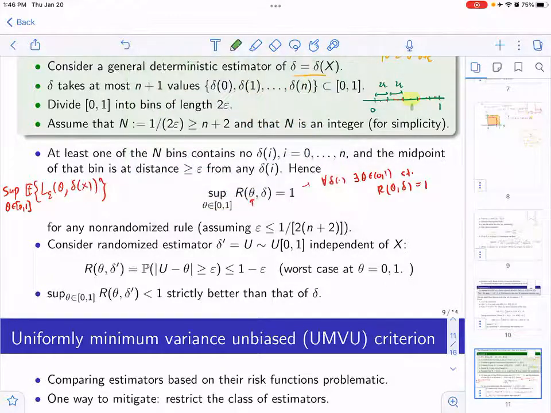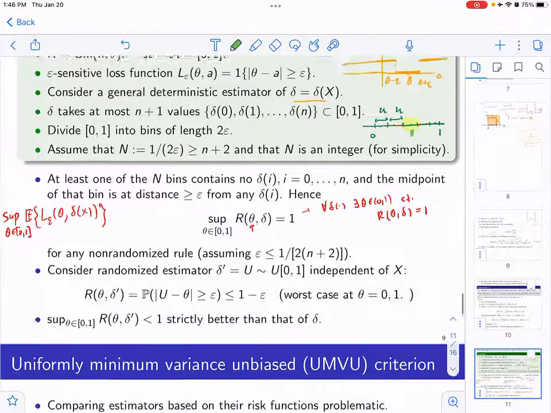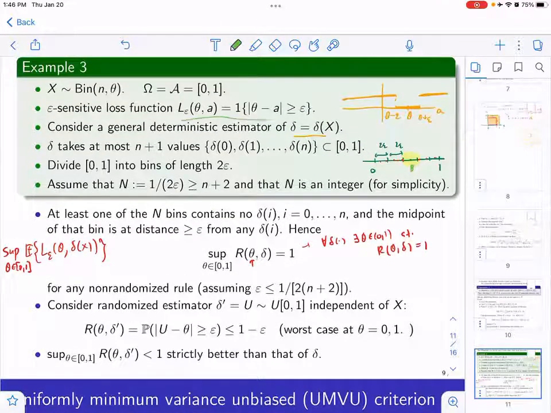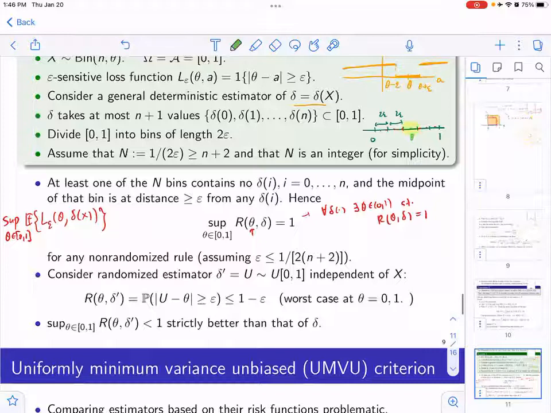So that's my theta here. I'm going to pick that, assume that the true theta is there. For that theta, the epsilon-sensitive loss would be 1, no matter what value delta takes. So L_epsilon of theta, delta(x) would be 1 almost surely, because it holds for all values of x.